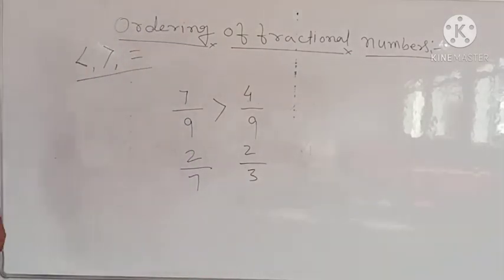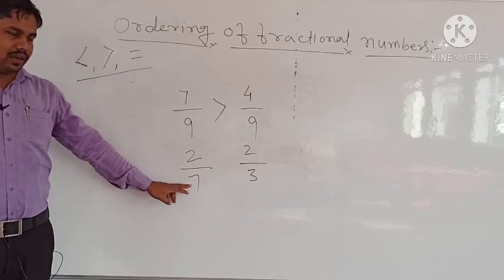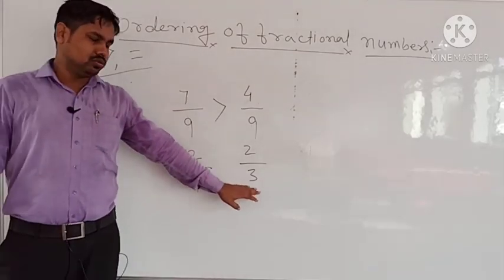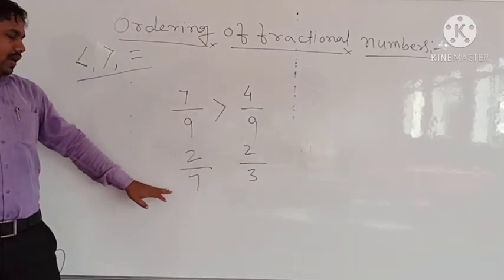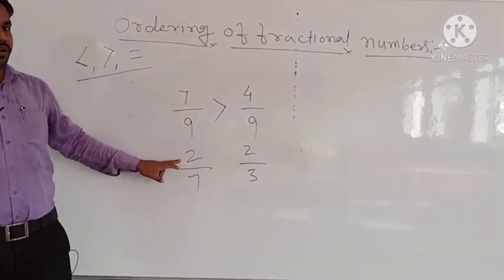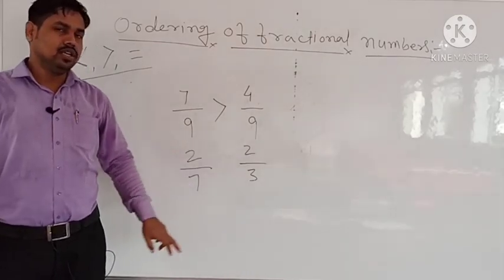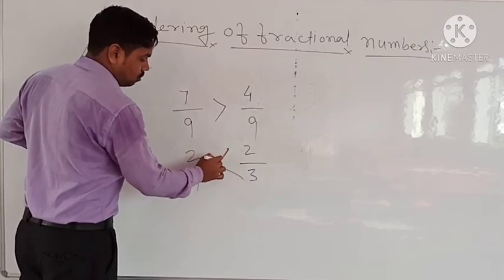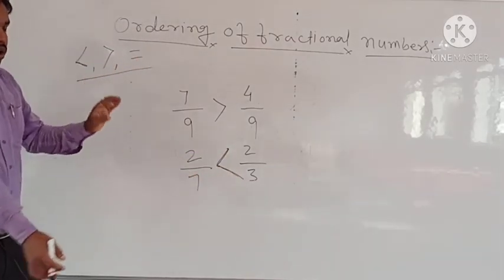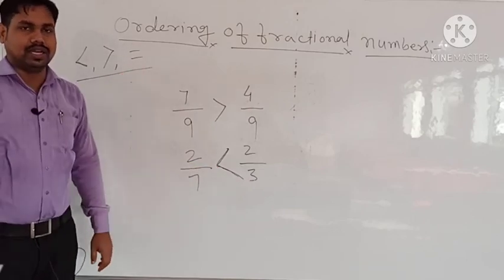In that case, this is divided into 7 parts and this is divided into 3 parts, and out of 3 you take 2 only, and out of 7 you take 2 only. So definitely this will be less than this and this will be greater. So जो भी नंबर ग्रेटर होता है उधर ये ओपन रहता है, और जो स्मॉलर रहता है उधर क्लोज रहता है. तो इस तरह से होता है, ठीक है.